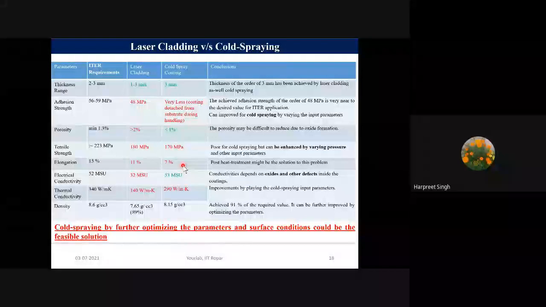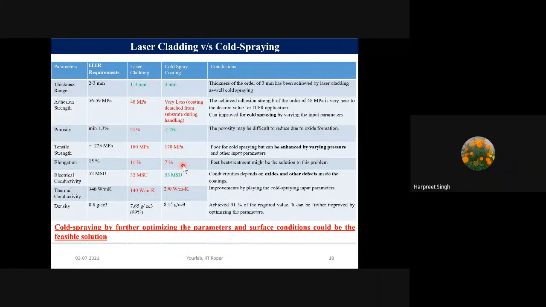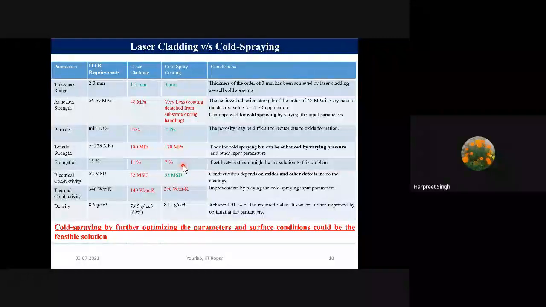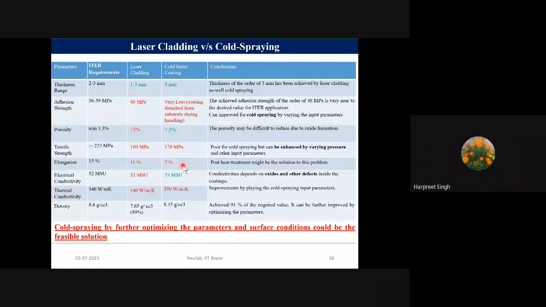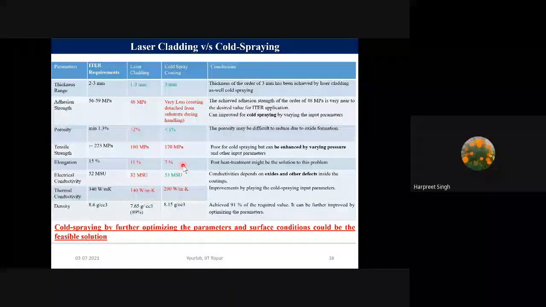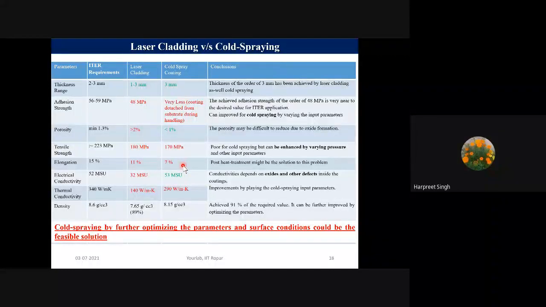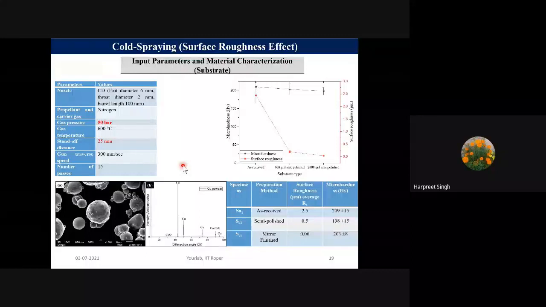So what we decided at that point of time was that we were getting some hopeful results in terms of thickness and porosity, which is one of the major concerns, and our electrical conductivity, and even thermal conductivity was not bad. So we thought that we should optimize the parameters of the cold spray system, and that is where we started this work.